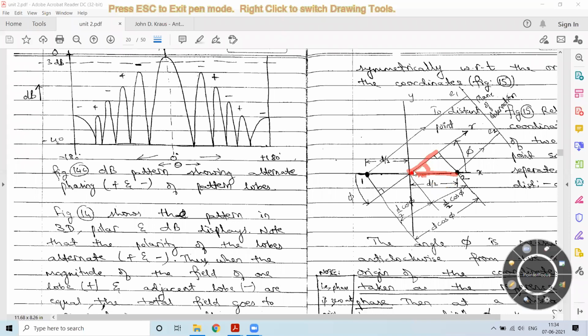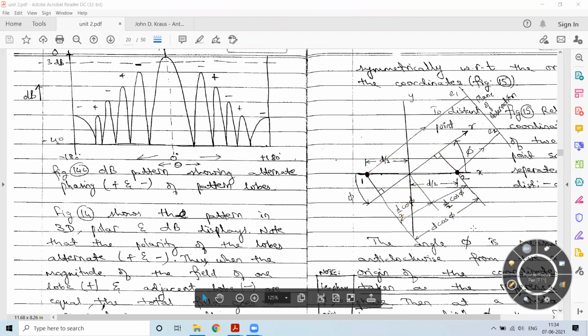Therefore this side length will be d by 2 cos phi. That is what is specified here, d by 2 cos phi for this one and this one. If I take the overall measurement, moving from source 1 to source 2 with respect to this, it will be the addition of these two, which will be d cos phi. So this is the discussion pertaining to how these are obtained.